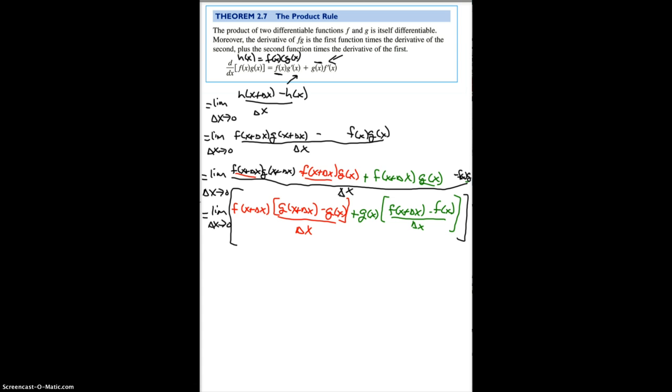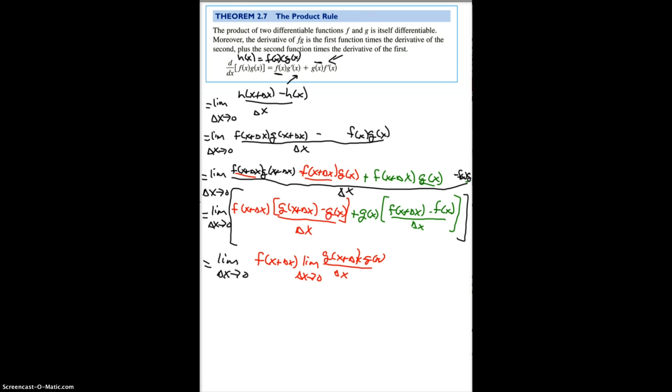This literally becomes the limit as delta x goes to 0 of, let's look at the first one, f of x plus delta x times the limit as delta x goes to 0 of g of x plus delta x minus g of x all over delta x.